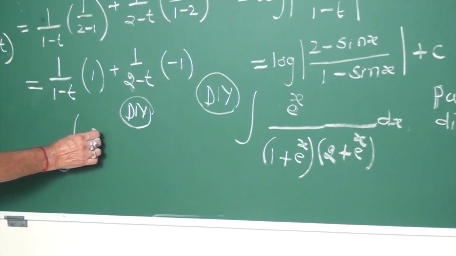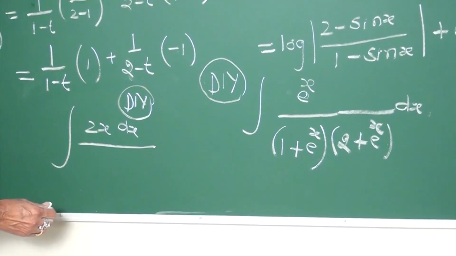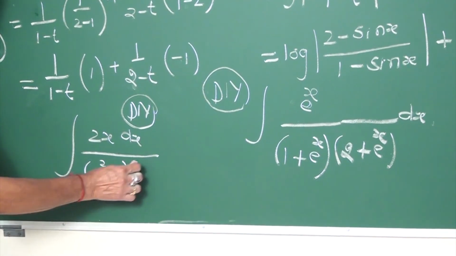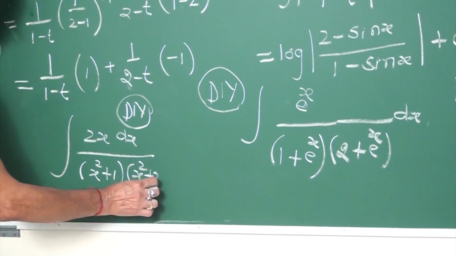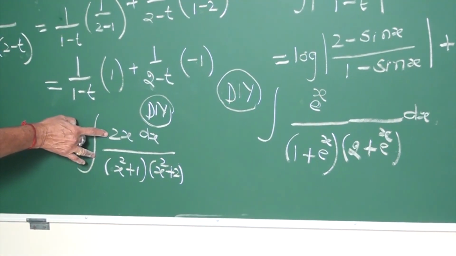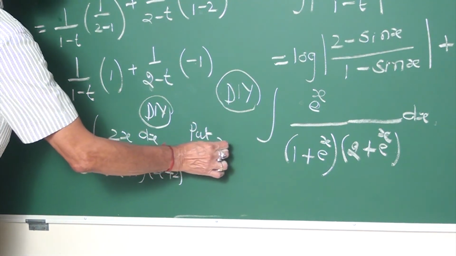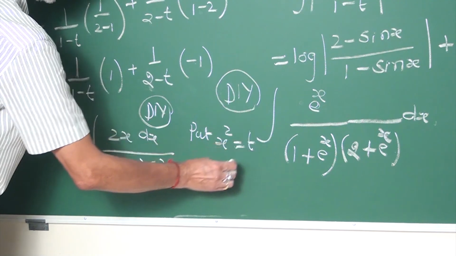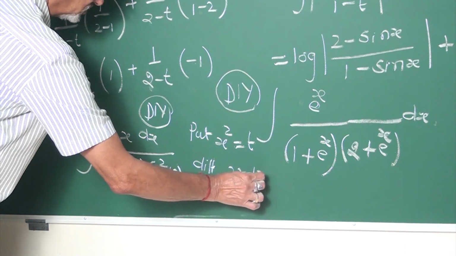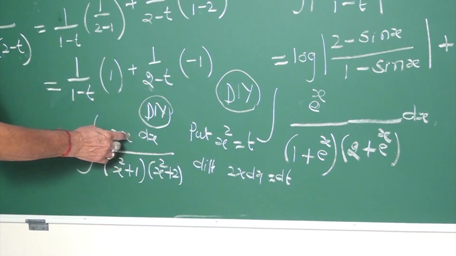Integral of 2x dx, the denominator is (x square plus 1) into (x square plus 2). What is the substitution? x square is t, because the derivative of x square is 2x dx. Put x square equal to t. Differentiating, 2x dx is dt.